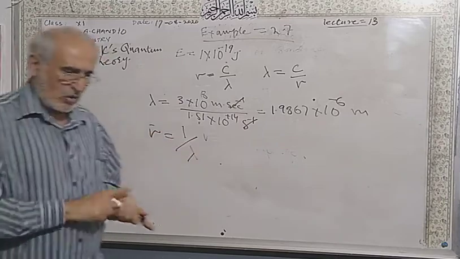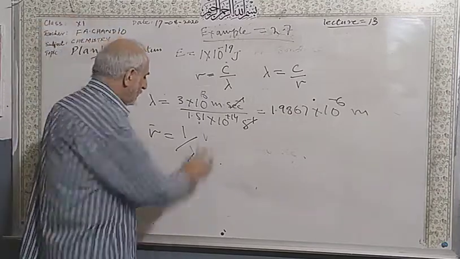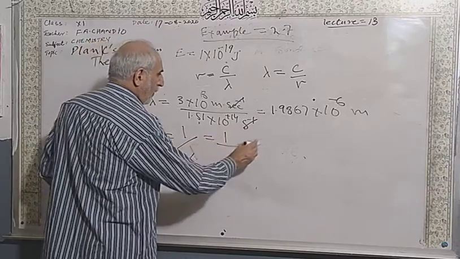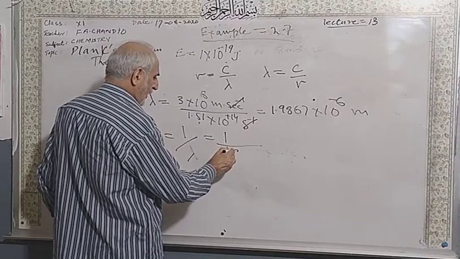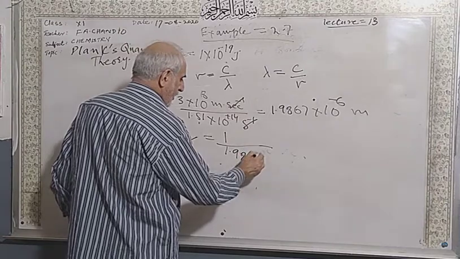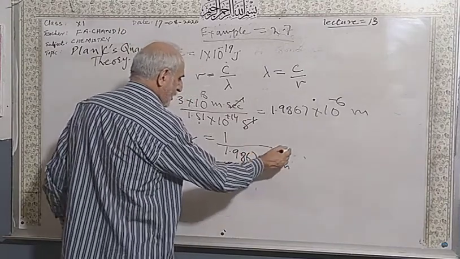Wave number is equal to 1 over wavelength. So put the value: 1 over 1.9867 into 10 raised to power minus 6 meters.